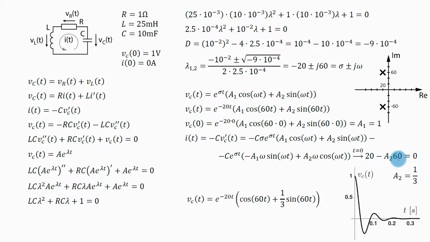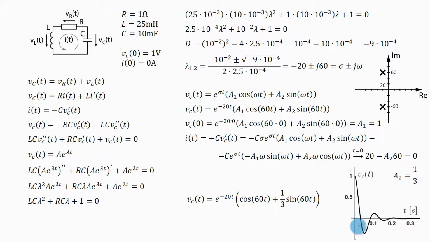And from there I can compute that my coefficient A2 is 1/3. Now I have my constants A1 and A2. I will substitute them into this general solution, and that will give me my particular solution for these initial conditions.